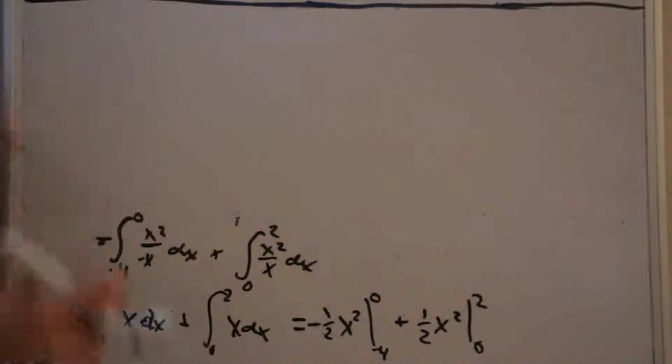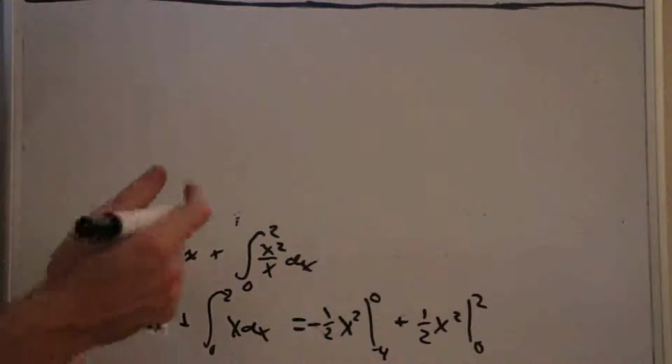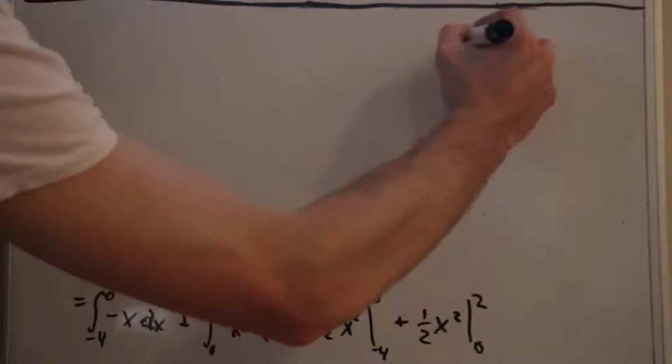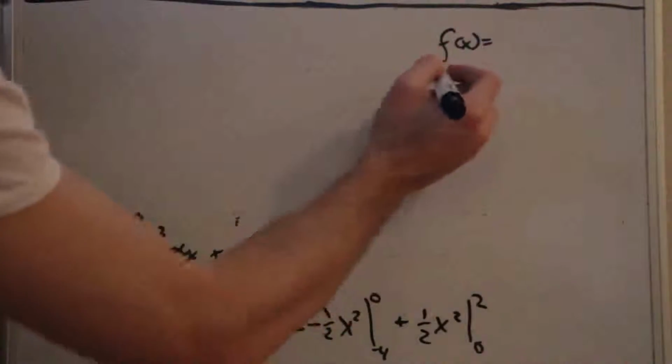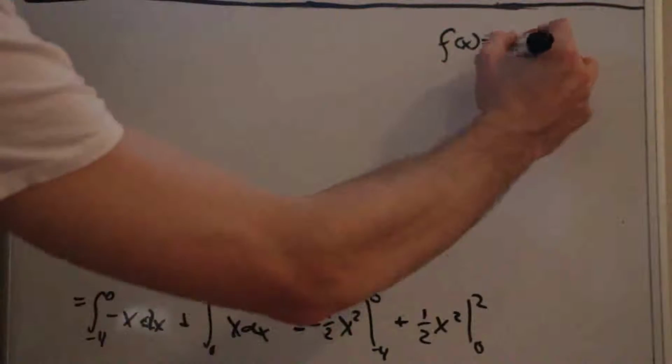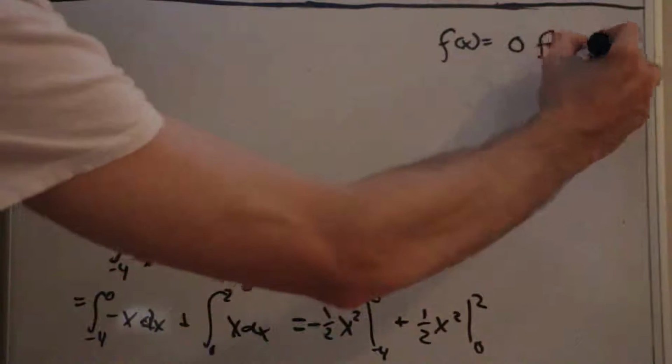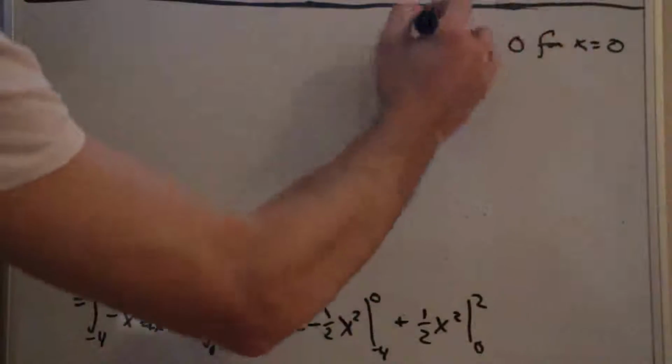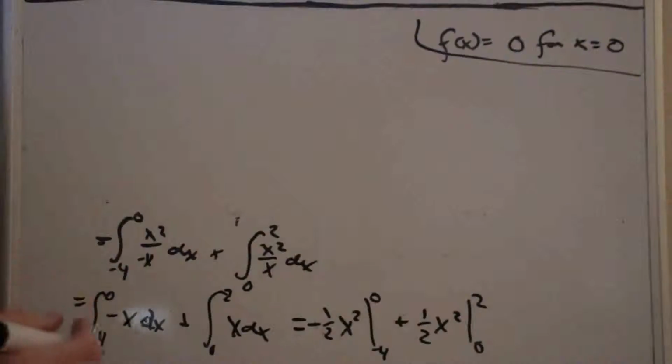Now, I suppose I shouldn't erase that. The question is, f of x equals what? f of x equals 0 for x equals 0. I'll just put that up there because that's going to become important in a second.